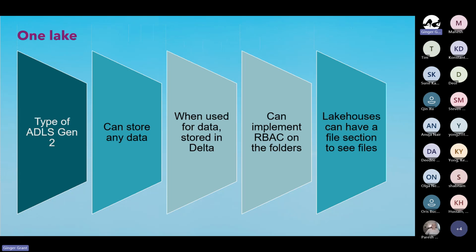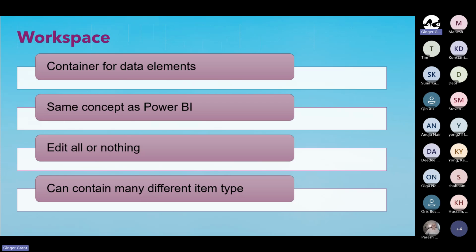Now, everything inside of Fabric is basically based on Power BI, because Power BI started first and then it evolved into Fabric. So it uses the same workspace architecture that Power BI has. If you're familiar with Power BI, you're familiar with a lot of things architecturally that are the same with Fabric.